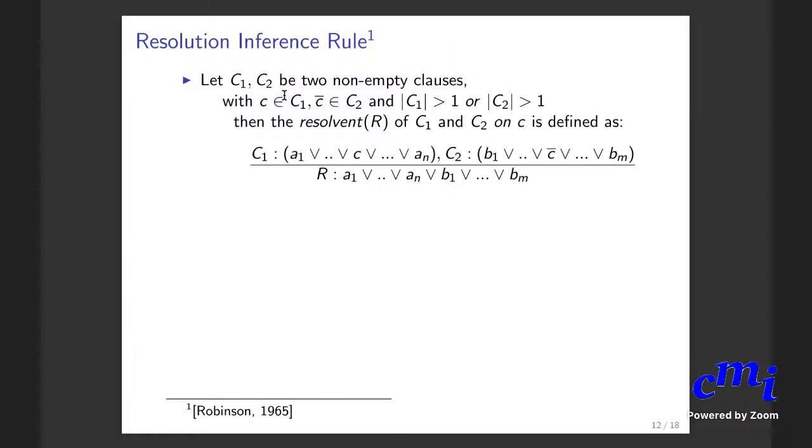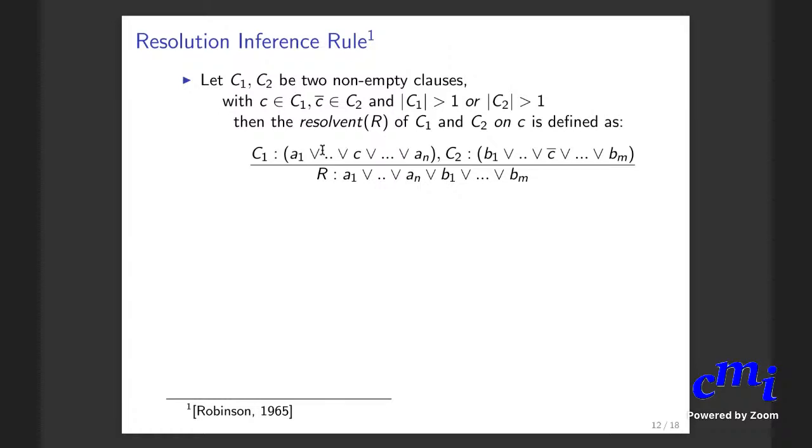A conjunctive normal form is a formula in propositional logic which is a conjunction of a set of clauses, where every clause is a disjunction, an or-ing, of literals, where a literal is either a propositional variable or its negation.